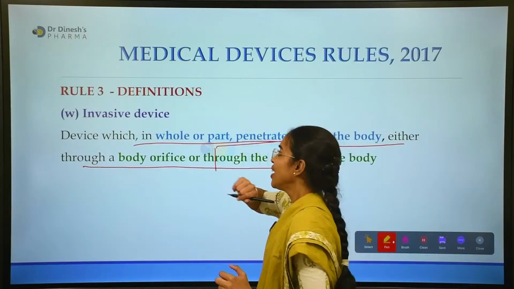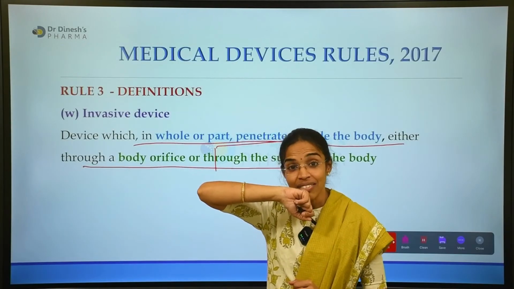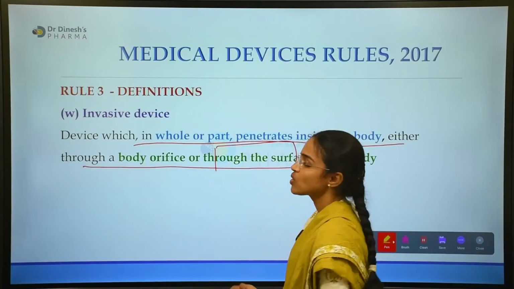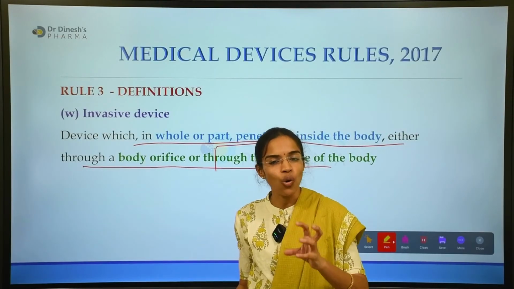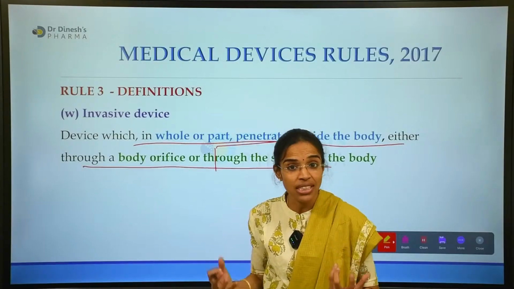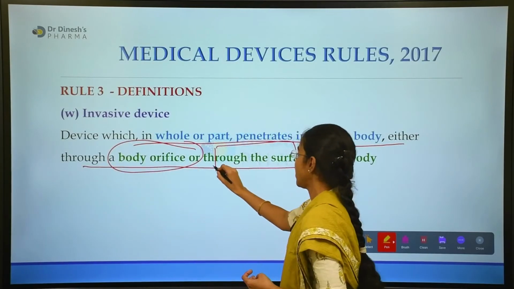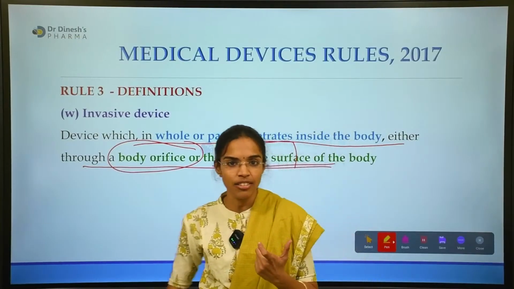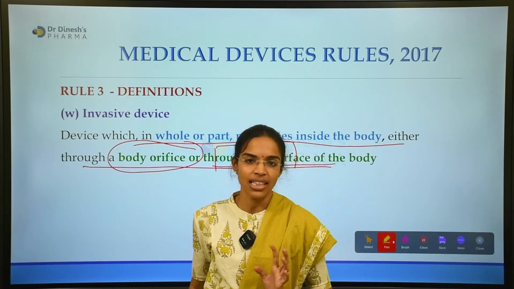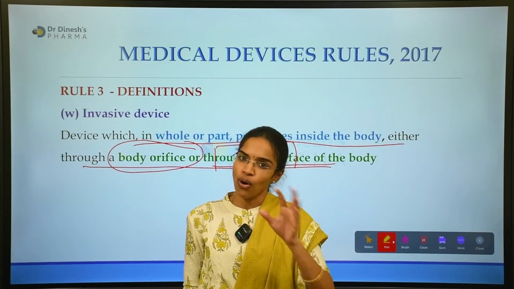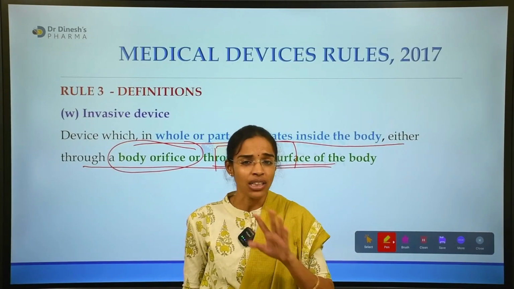But according to MDR 2017, what matters for an invasive device is which in part or whole penetrates or is administered through the body orifice or the body surface. That is known as an invasive device. Whether it is piercing the body or not is not a matter.